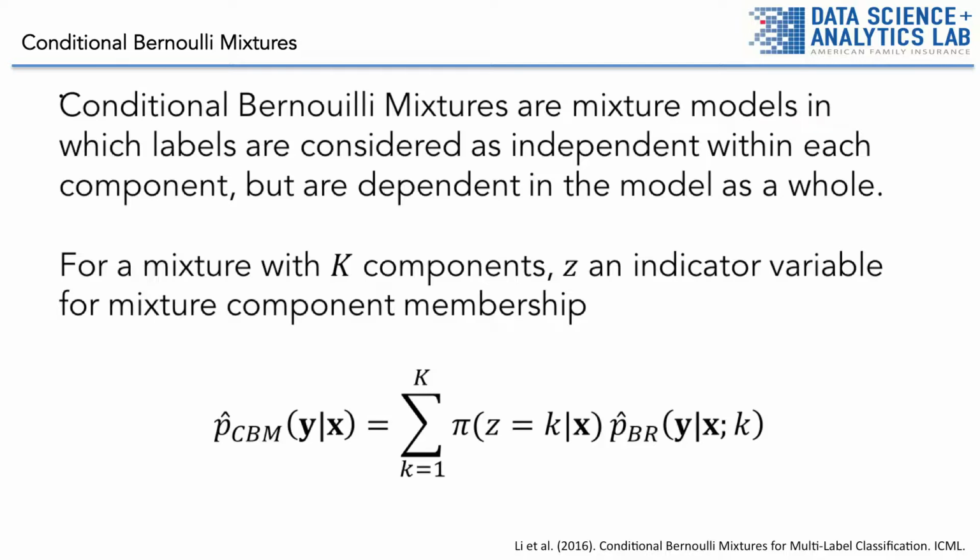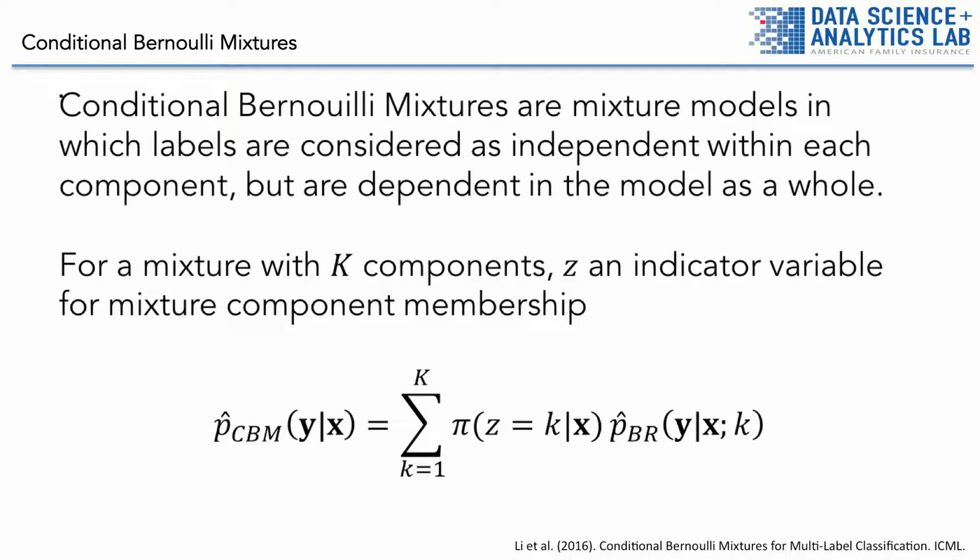And then based on that cluster, you're going to use a specialized classifier to assign the labels, which in particular is going to be a binary relevance classifier, which means that the label assignment within each mixture component is going to be independent. So the individual classifiers in your ensemble at the second level are going to treat the labels as independent, but because this is conditioned on the mixture component membership for each instance, the labels are going to be dependent in the model as a whole.